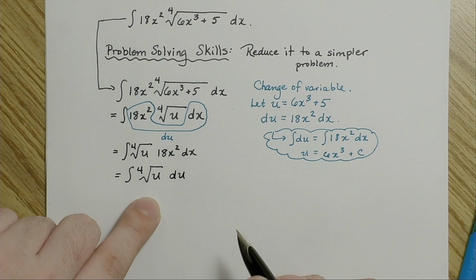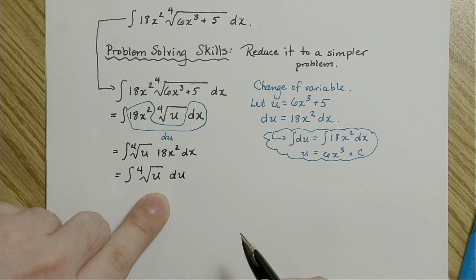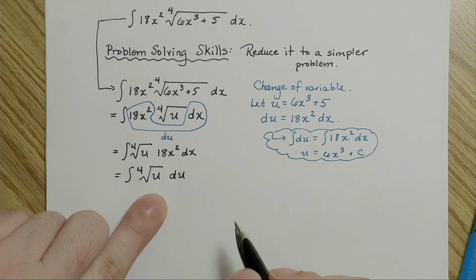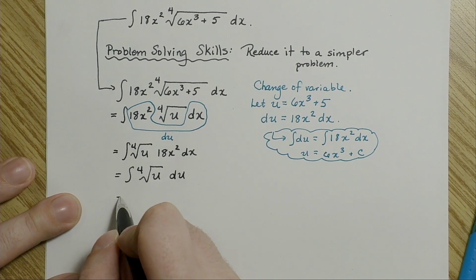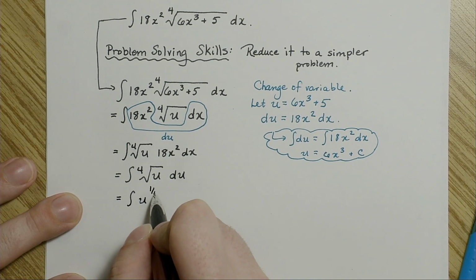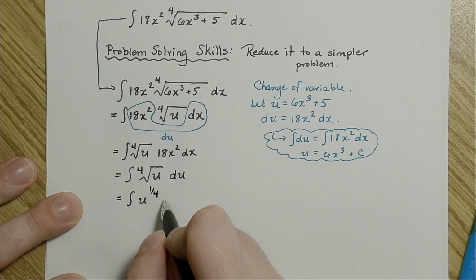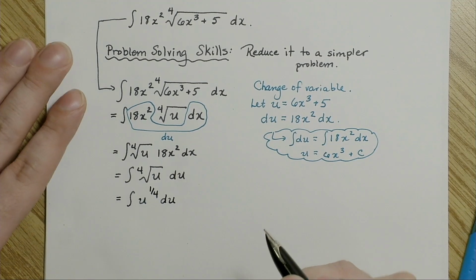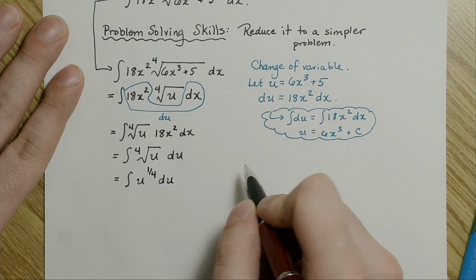Now that is something much simpler for us to solve. We know how to solve that. What we can do is change that to the integral of u to the 1/4 du, and we use our power rule.